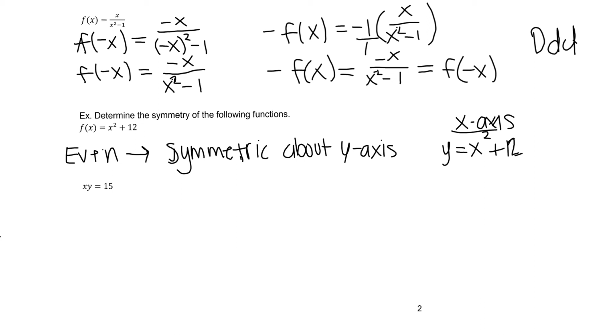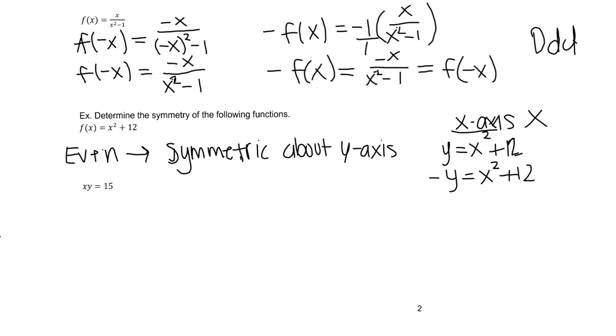And to check to see if something's symmetric about the x-axis, we replace y with negative y. So we get negative y equals x squared plus 12. And if I divide both sides by negative 1, I'm not going to get y equals x squared plus 12. So I know it's not symmetric about the x-axis. So the only symmetry it has is symmetry about the y-axis.